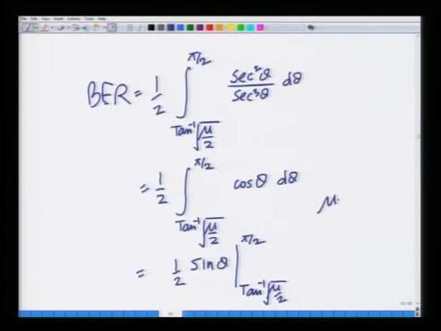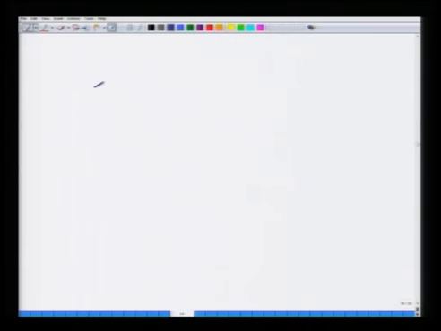So, now this is nothing but half, sine of pi by 2, which is 1, minus sine of tan inverse square root of mu over 2.